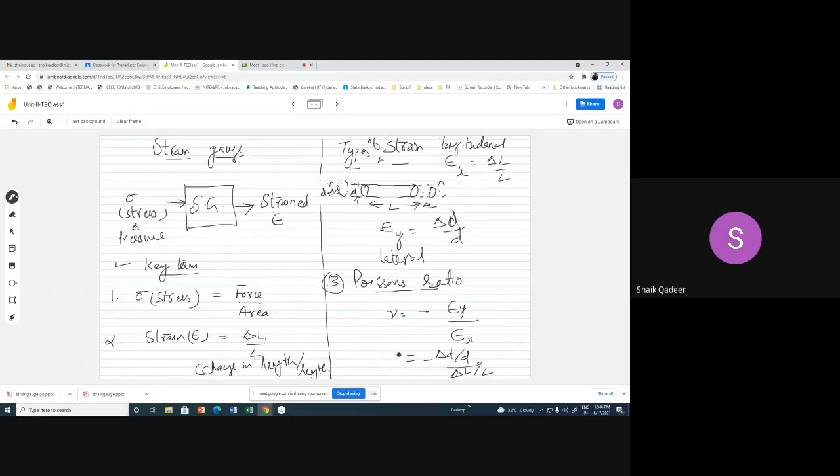The reason for the negative sign is that if the length is increasing, then the diameter should be decreasing. If the length is decreasing, then the diameter is increasing. The sign indicates that epsilon Y and epsilon X are opposite in nature.